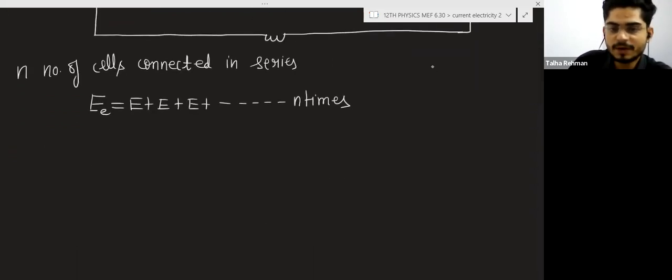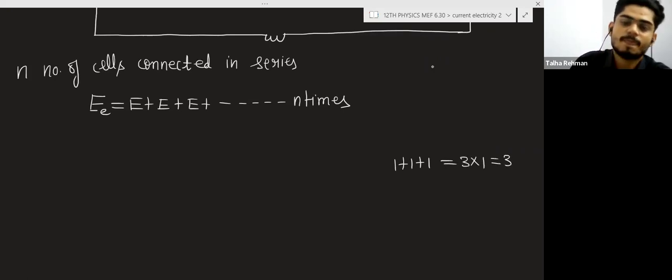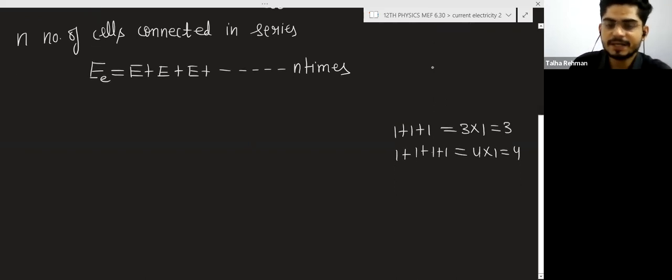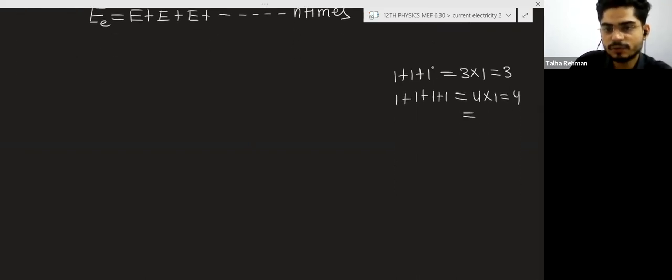If you write 1 plus 1 plus 1, 3 times, then you will get 3 into 1, that is 3. If you write 1 four times, you will get 4 into 1, that is 4. If you write 1 n times, you will get n into 1.